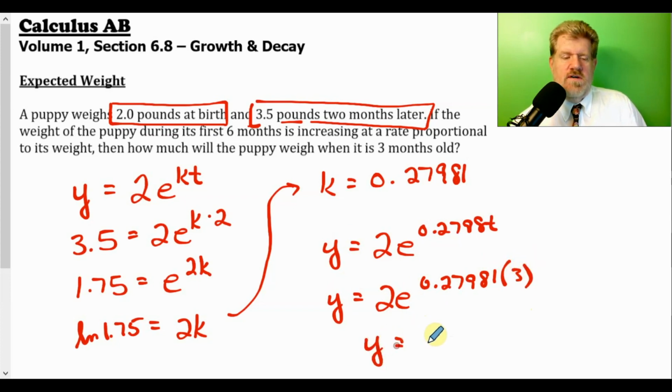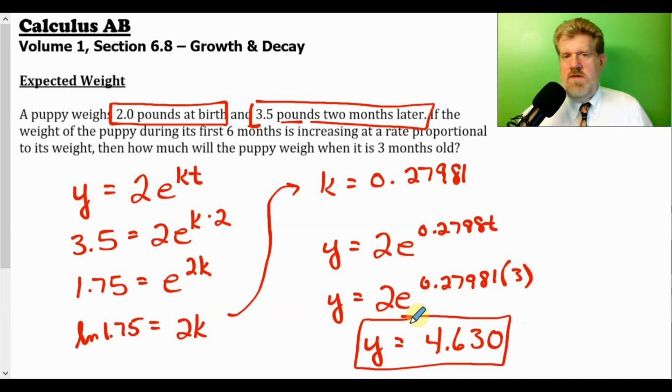So according to my calculations, the puppy would weigh about 4.630 pounds. So that would be the expected weight. If the puppy's a little heavier, maybe the puppy's eating too much. If it's a little lower, maybe a little bit malnourished. But that's how we can use exponential growth to figure out expected weight.